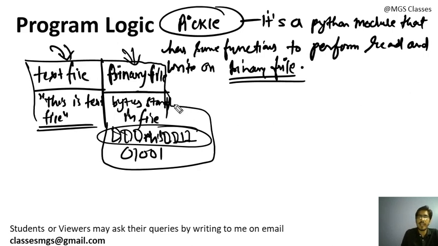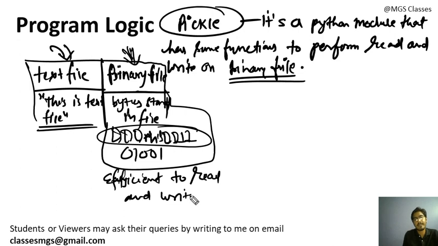Now why do we use binary files? Binary files are very efficient to read and write in terms of files. If you want to read and write data in a binary file, it will be very fast.